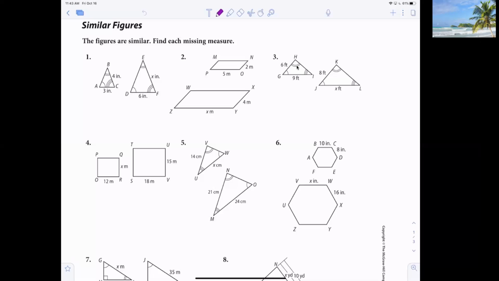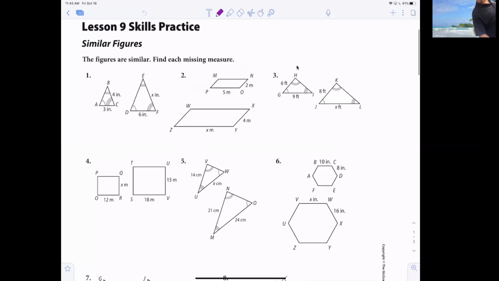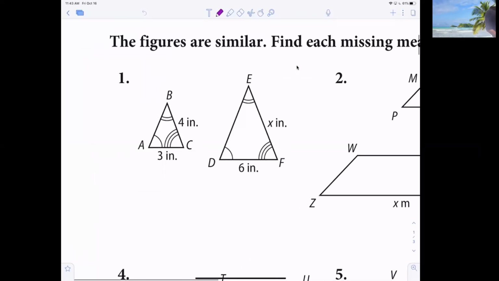Molly, do you have any clue? Come on now. I'm up on number 1 right there. Look up. Everybody look up. Yeah, she's doing a proportion in her head.